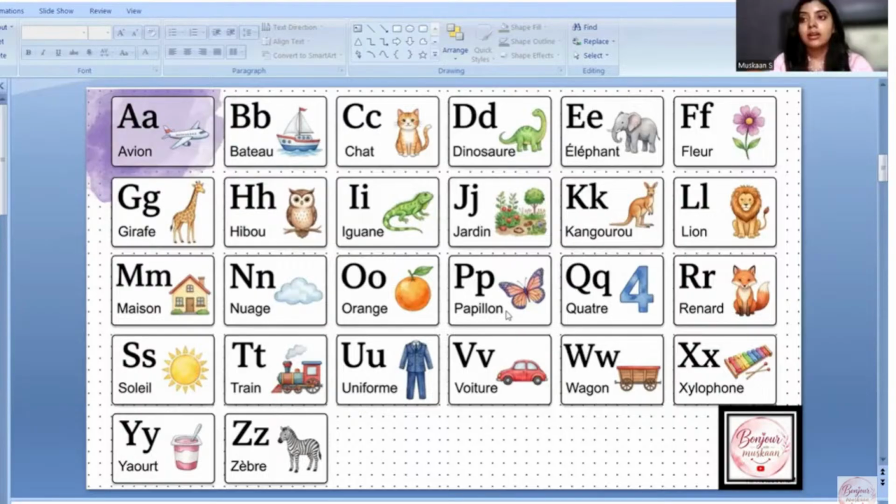Then this is the most difficult one that beginners find. R, renard.